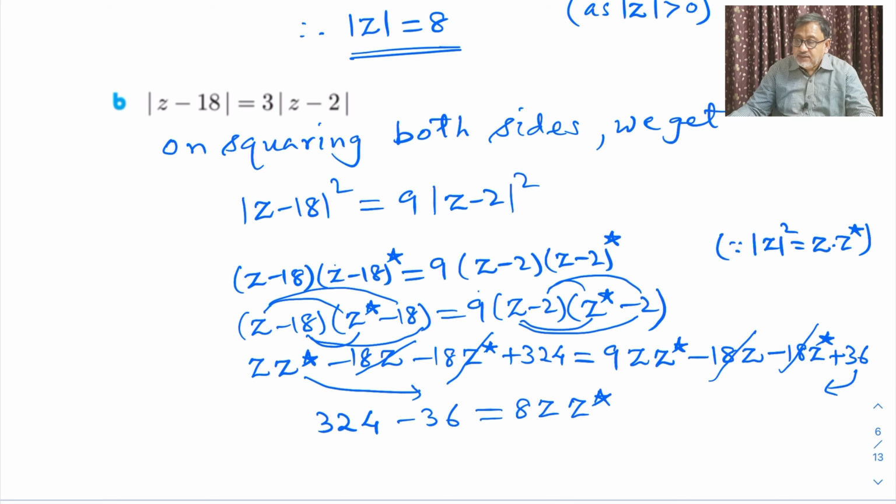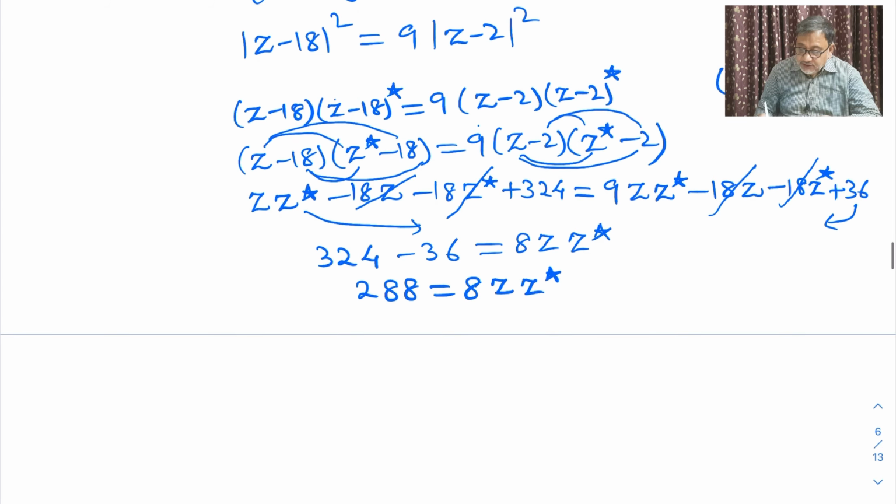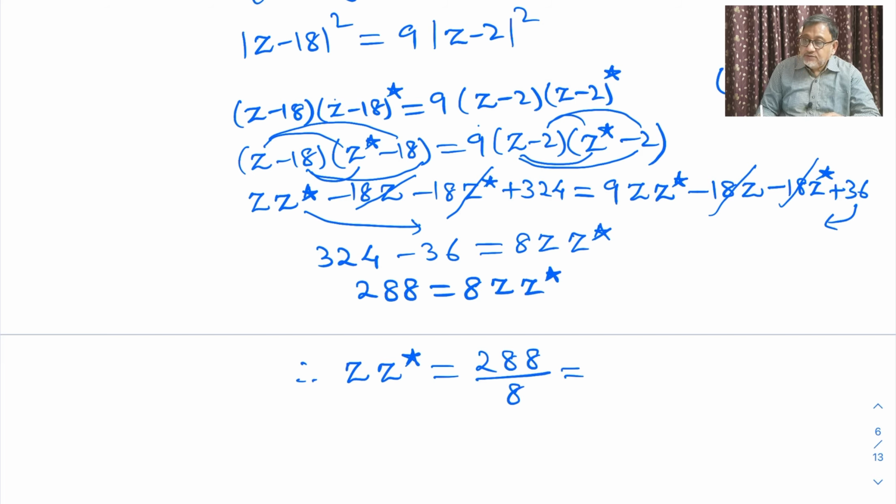Is equal to 8 z into z conjugate. Now I'll divide it by 8, so therefore z z conjugate is 288 divided by 8. So 71. No, sorry. 8 3s are 24. 8 6s are 48. Okay, so it will be 36.